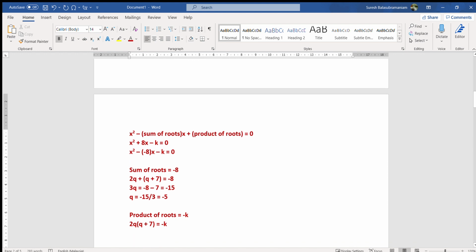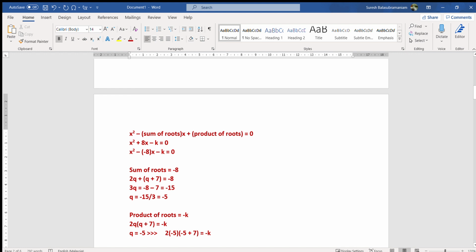And we know from the sum of roots that q is negative 5, so we can replace q equals to negative 5. So we get 2q, then open bracket q plus 7, which is 2 times negative 5, then negative 5 plus 7, equals to negative k.